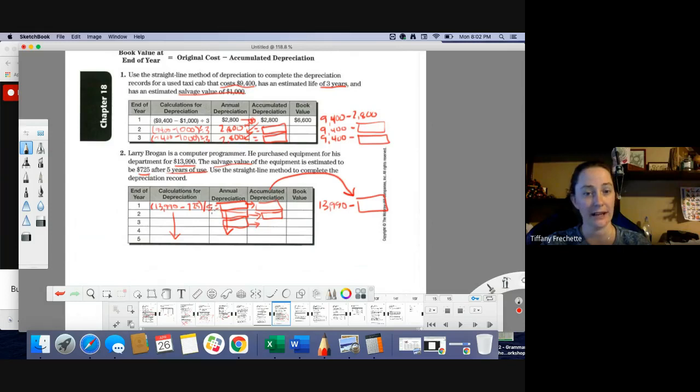We're subtracting and then dividing to get our annual. And then other than that, the only difference for years 2 through 5 is that we have to add the previous year's accumulated depreciation to get the total accumulated depreciation for years 2 through 5, like I said. So not too terribly crazy on that one.